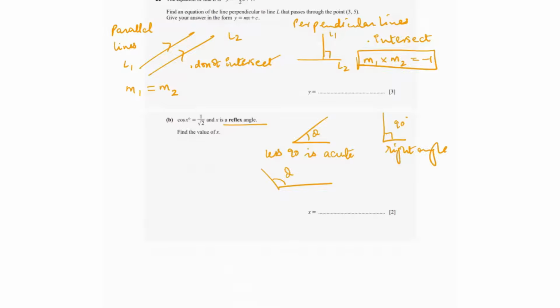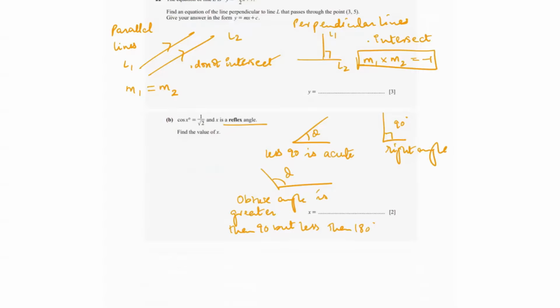Then any angle greater than 90 is obtuse. So an obtuse angle is greater than 90 but less than 180.